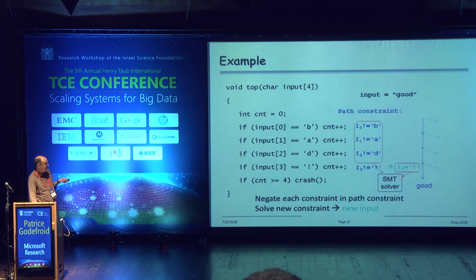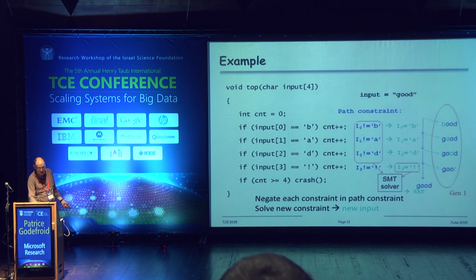If it says it's satisfiable, then we get a new input, which is a fuzzed modification of the previous one that should drive the program along the same path, except for the last branch, where we take the other branch for the last test. In this way, we repeat the process, and for one symbolic execution, we get 4 new inputs. And we repeat the process.